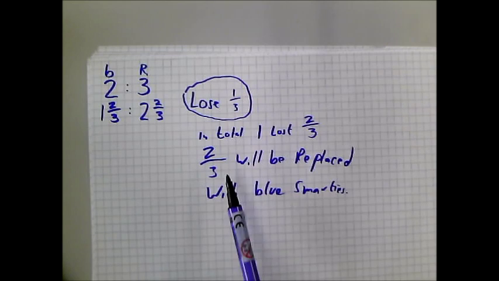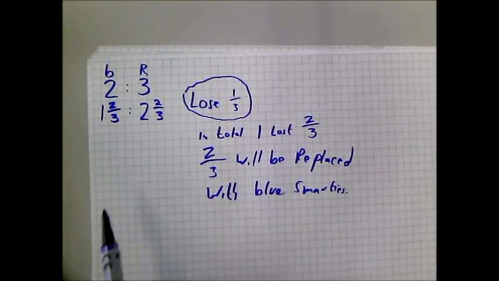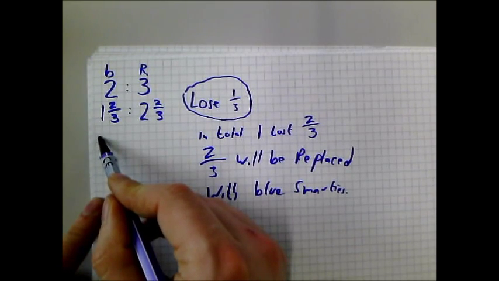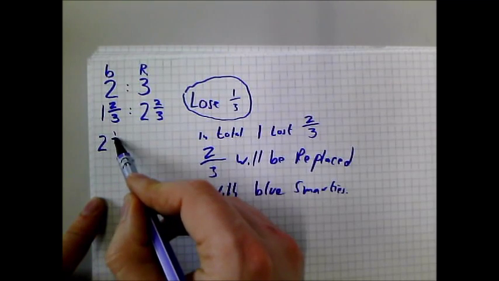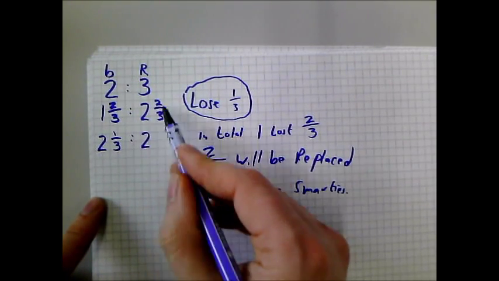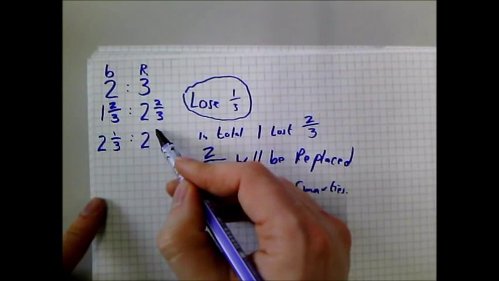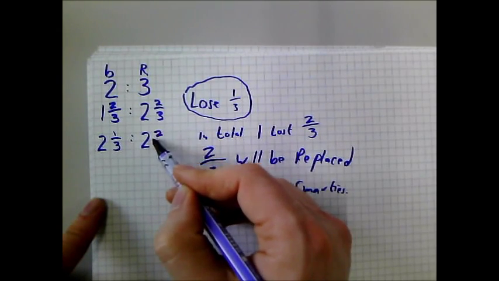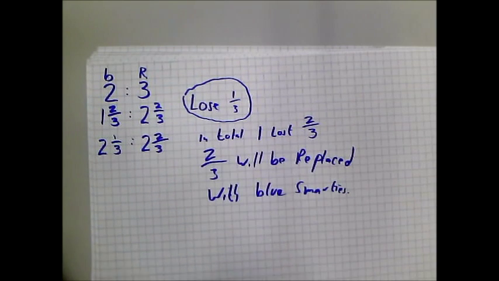So I'm just going to put my 2/3 back onto here, and I will have 2 and 1/3. And then this is going to stay the same because I haven't added on any new red Smarties. So 2 and 2/3.